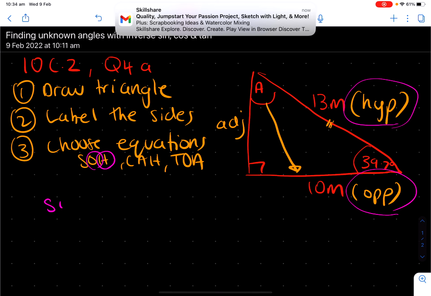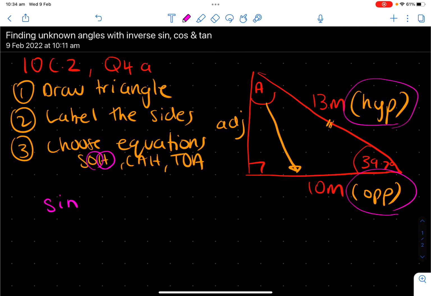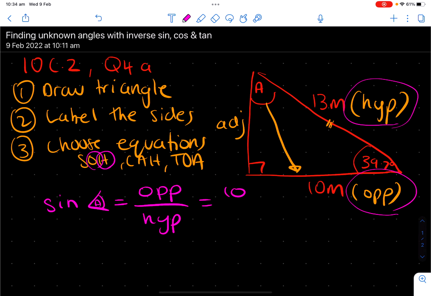As a result, we're going to get sine angle A equals opposite, which is 10 meters, divided by hypotenuse, which is 13.